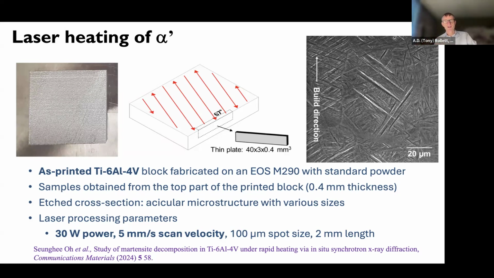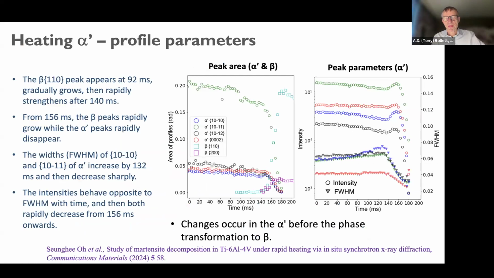So no melting in this case, just taking it up to some higher temperature with these conditions and observe what happens. So all of the peaks on the way up are peaks that belong only to the alpha prime. Once you get to a high enough temperature, and I'll come back to that in a moment, what you see is a phase transformation.